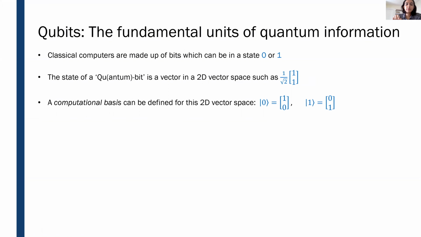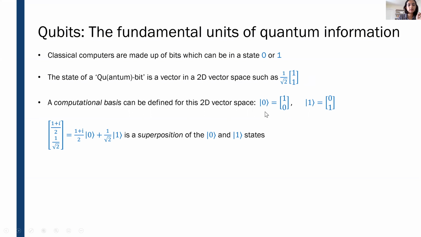In this 2D vector space, you can pick any two orthogonal vectors and use them to define what's called a computational basis. For instance, here you can pick (1, 0) and (0, 1), and they become the quantum analogs of the 0 and 1 state. And then any state of the qubit can be written as a superposition of the 0 and 1 states.